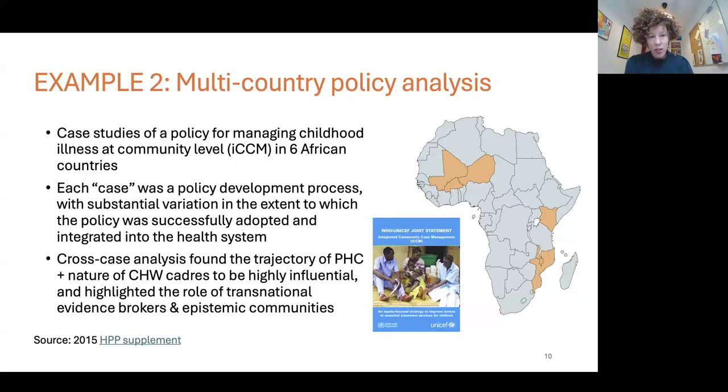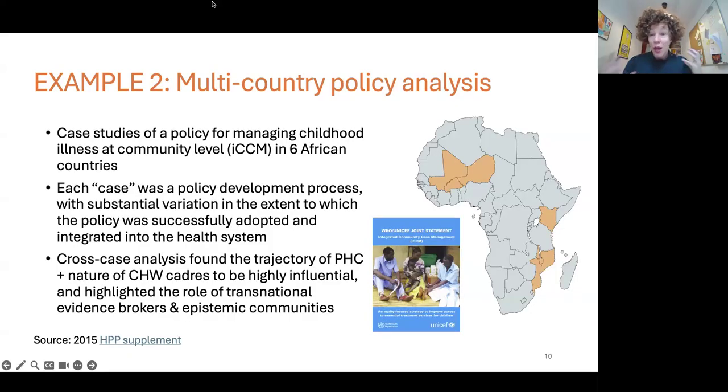So each case was a policy development process within each one of these countries. And there was a lot of variation in the extent to which the policy was successfully adopted and integrated into the health system. So again, this was one policy. You can basically see that blue document, WHO UNICEF document, that is the policy.